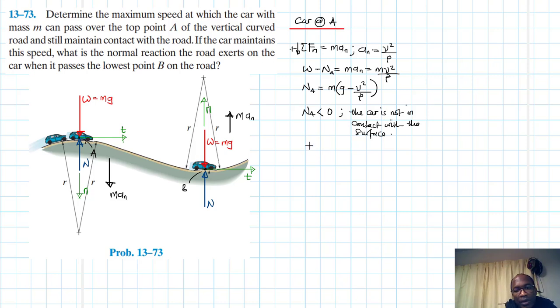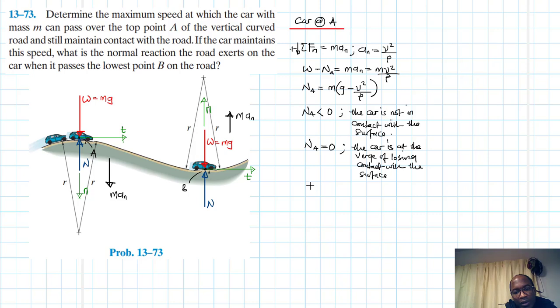Then we have this case, N_A equal to 0. This is where the car is at the verge of losing contact with the surface. At this point, N_A equal to 0, the car is still in contact, but it is at the verge.